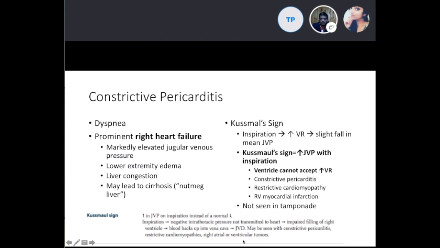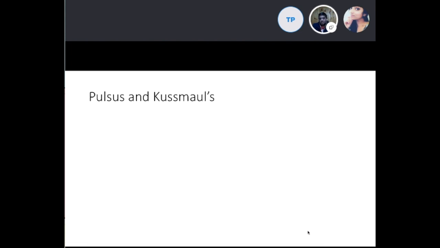So the blood is basically backing up, and it's causing the JVD. And this is seen in constrictive pericarditis, restrictive cardiomyopathies, right atrial or ventricular tumors. But First Aid doesn't really cover this in greater detail, so I just threw this in here.